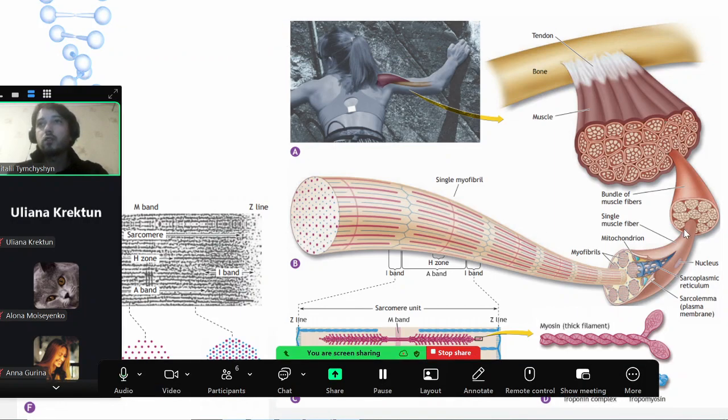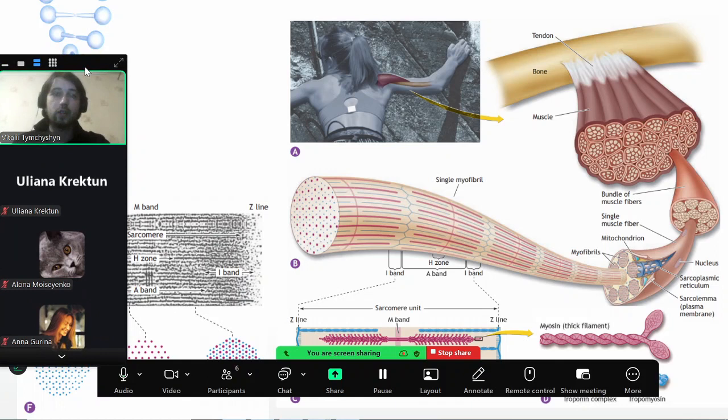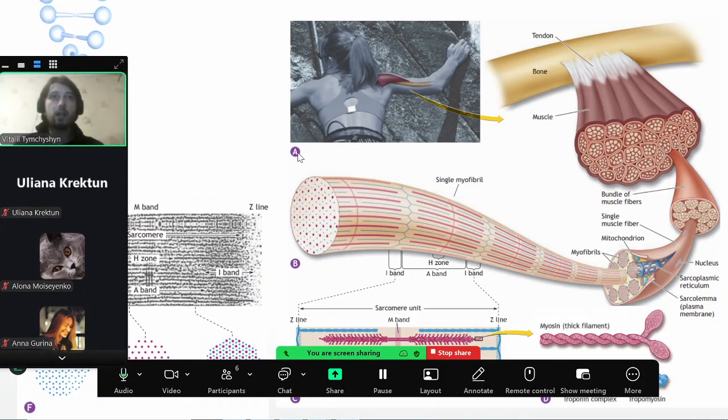Here is the structure of the muscle in a little more detail. Once again, here you see the bundle of muscle fibers. Here you see these different nuclei in a syncytium, and here you see the sarcoplasmic reticulum. We will get to that pretty soon, because it has a really large role in muscle contraction. It keeps ions of calcium, and I will show you that calcium ions have a really profound role in muscle contraction.